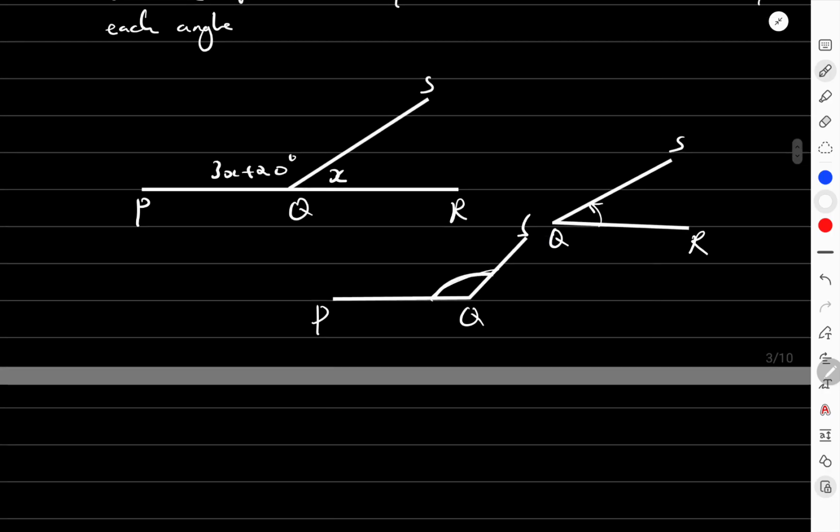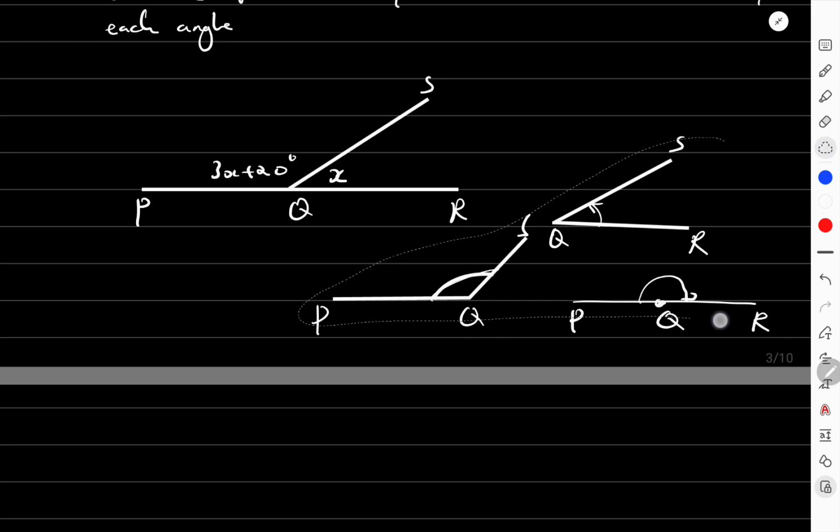But when I look at a line like this one, PQR, this particular line PQR is going straight. It means it is a straight line. All of the angles found at the vertex on PQR, combined, should give us 180 degrees.